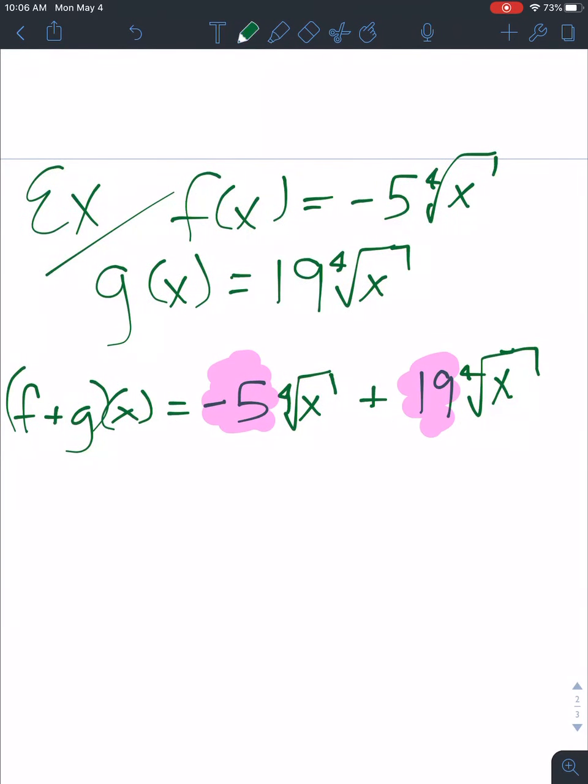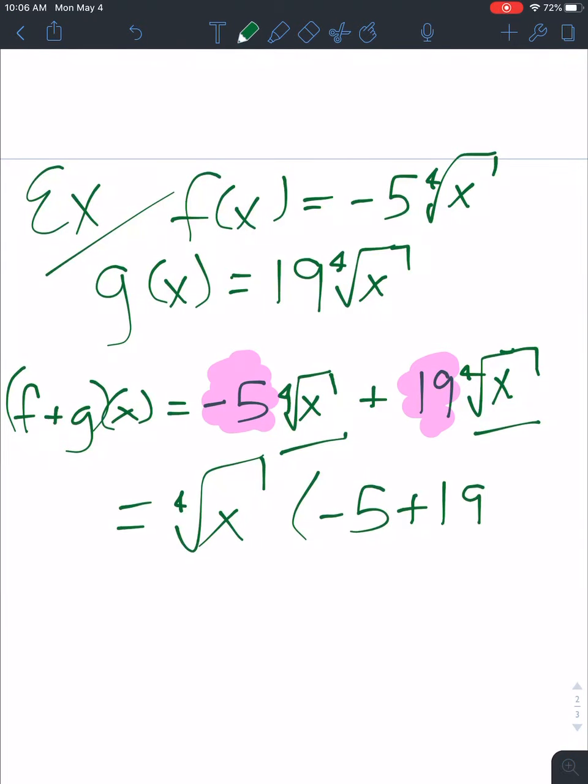Or, if you like to think about it differently, you could think about it like factoring out a 4th root of x. Since both terms have a 4th root of x, you can pull that out front and then add the coefficients. It doesn't matter which way you do it. You'll just have an extra step if you do it this way, but that's okay.